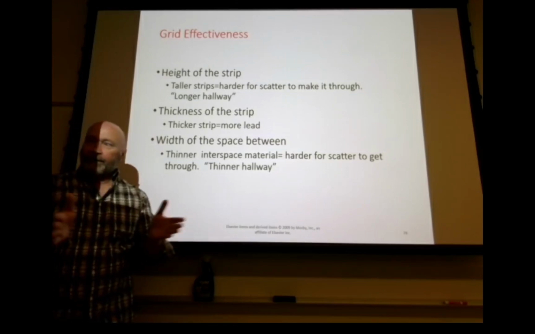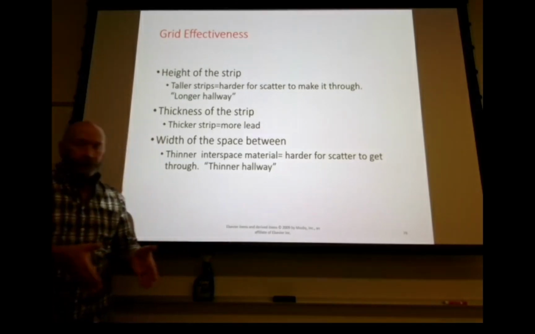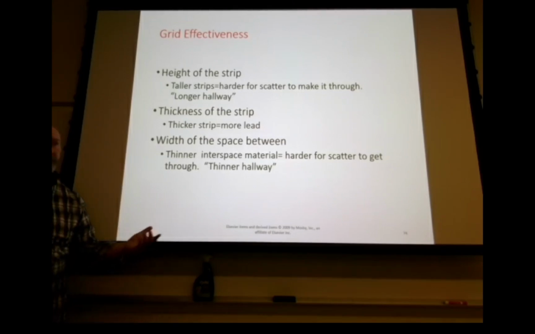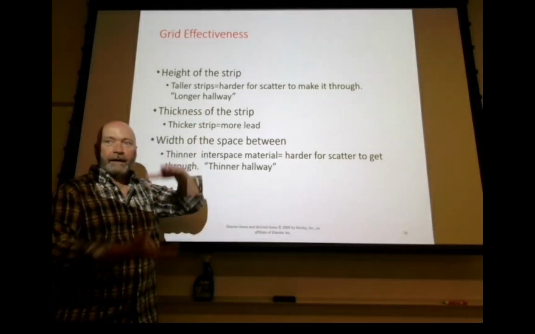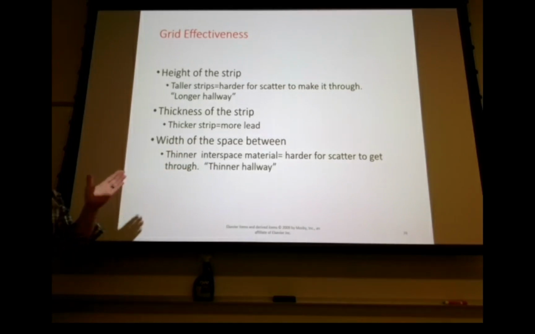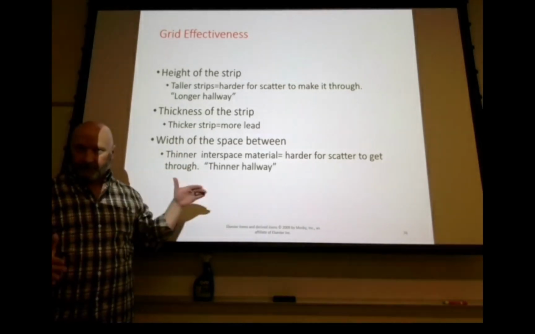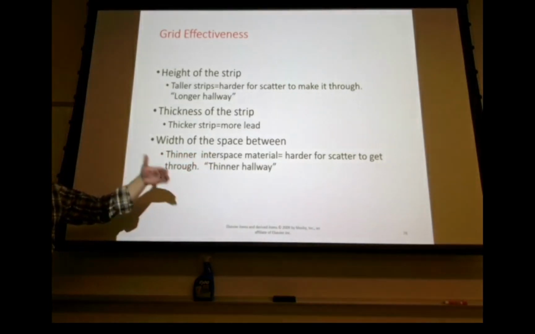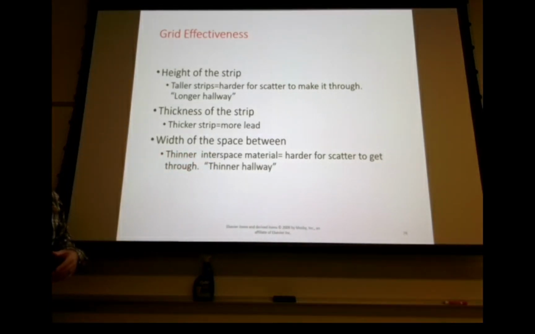So any kind of deviation away from parallel to those grid strips is going to be absorbed, and you're going to see grid lines, and it becomes kind of obvious. So the effectiveness of the grid is in part dependent on how tall that thing is. Also, the closer we pack them together, then the higher the grid ratio, and also the more effective it becomes.